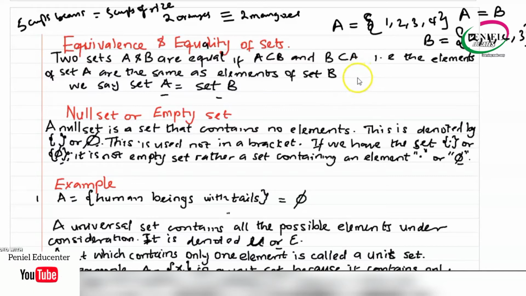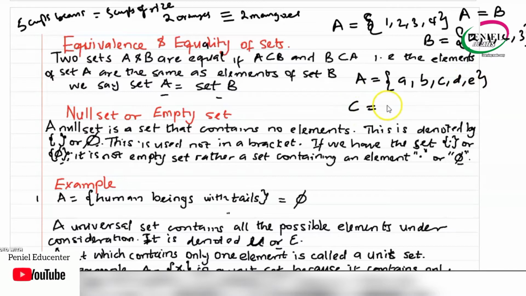For example, if you have a set A equal to {A, B, C, D, E}, and we have a set C equal to {1, 2, 3, 4, 5}. All right, so you see that all the elements here are 5, and all the elements of C are 1, 2, 3, 4, 5.